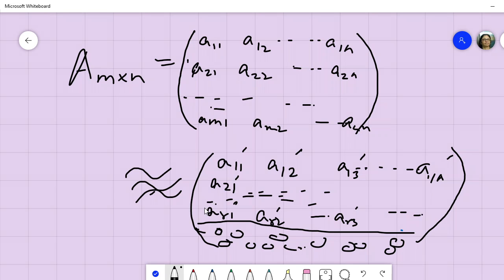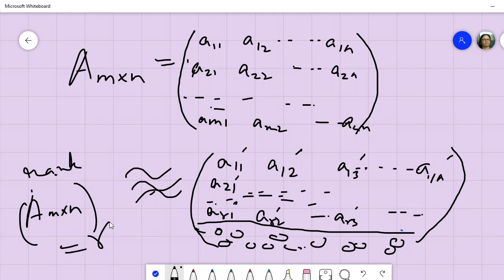If we can eliminate all these things to 0 and the other things cannot be eliminated, these R rows we cannot eliminate, then we say this is the rank. So rank of A, m into n, is equal to R.